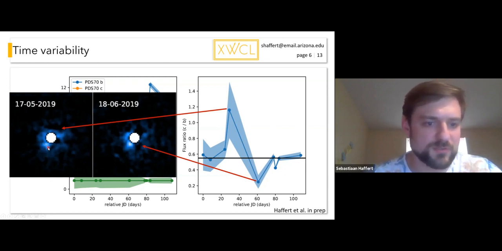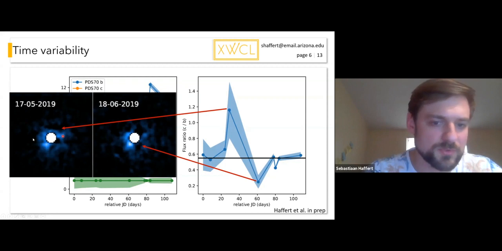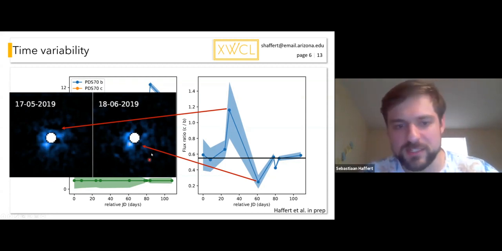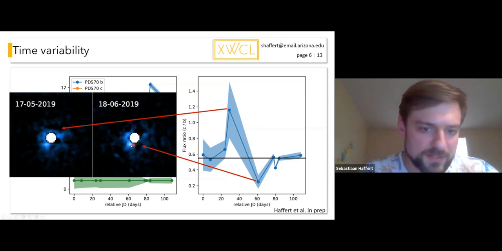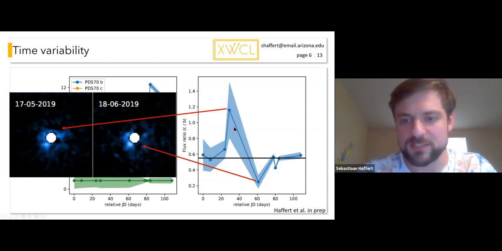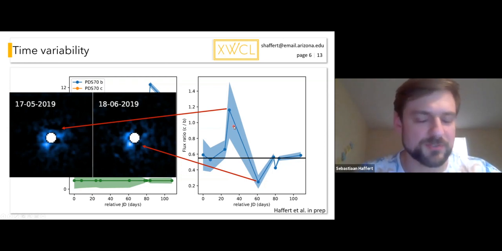We have really low signal to noise data, and there's a lot of residuals. In the second point, we see the same thing: there's a very strong residual structure around the B companion. So I think these 2 points that are deviating are most likely instrumental.